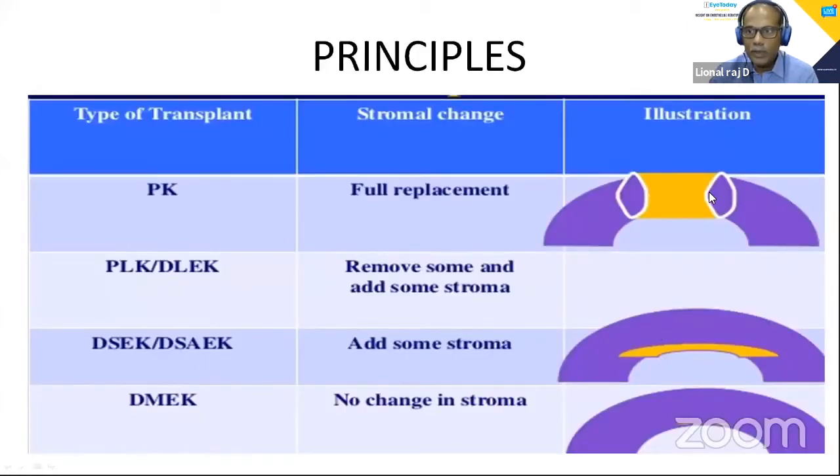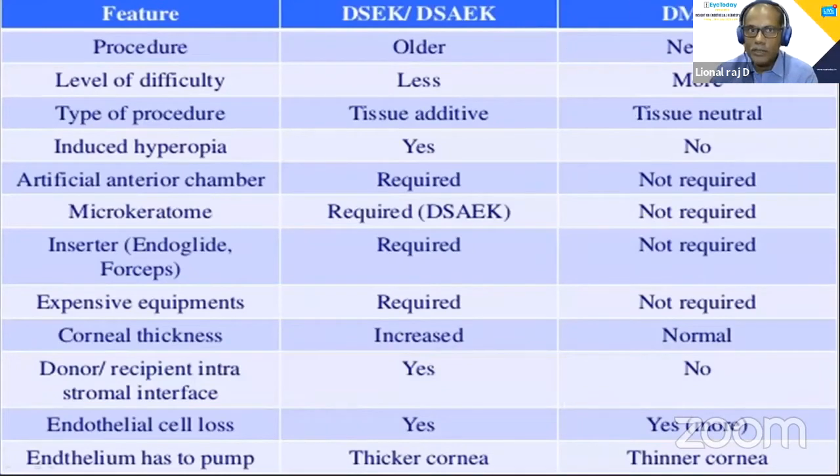So as we know, PK is removal of the entire cornea, DSEK includes some little stroma along with Descemet's and endothelium, and in DMEK it is the endothelium and the Descemet's alone, that is 15 to 20 microns of tissue. So DMEK is really a tough procedure to master. Someone needs to be like Siddharth to do more than 500 cases to master it. On the other hand, DSEK is relatively easier.